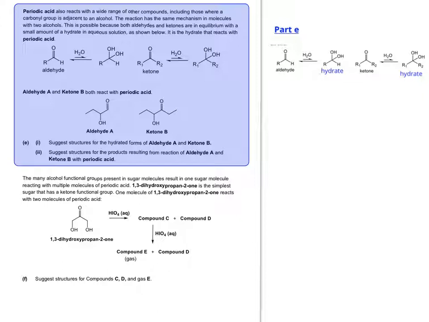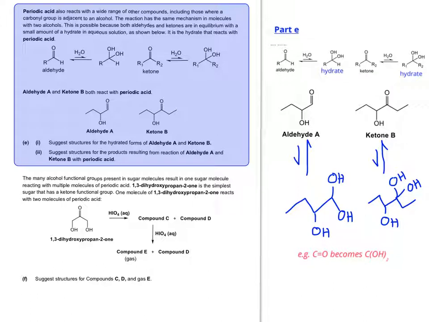Then it asks you to suggest structures for the hydrated versions of aldehyde A and ketone B. All you really have to do is change the C double bond O into C(OH)2. In other words, the 2 bonds to 1 oxygen become 2 separate bonds to 2 separate oxygens in 2 separate OH groups.